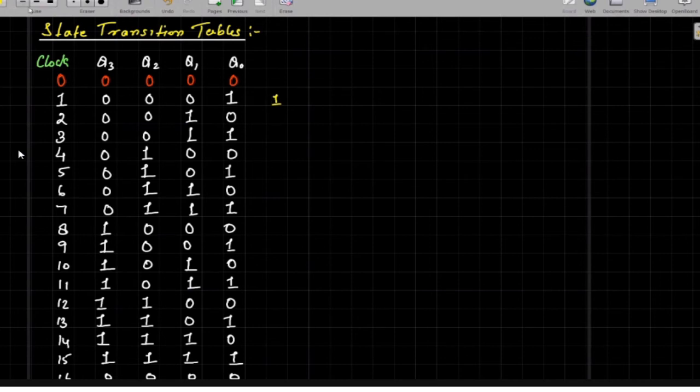So you can write this counting like this: 1, 2, 3, 4, 5, 6, 7, 8, 9, 10, 11, 12, 13, 14, 15 and 0.